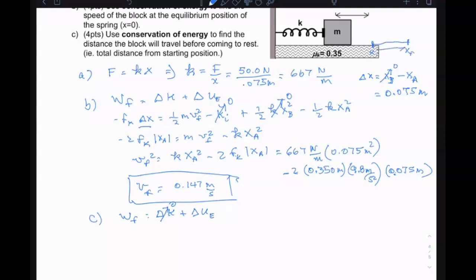And we can find this distance and then add it on to the initial distance of 0.075 meters. And some of you did it that way. If that's the situation, then there is no elastic potential energy in the system at all, and it's just a change in the kinetic energy from whatever the kinetic energy is at position xb, which is 1/2 mv squared, where v is this quantity we found in part B.